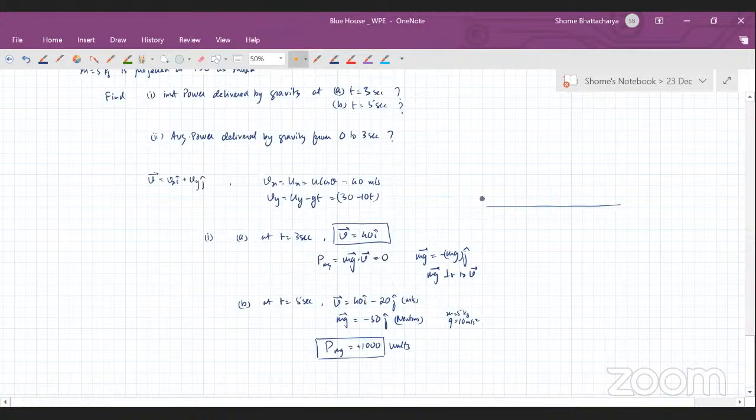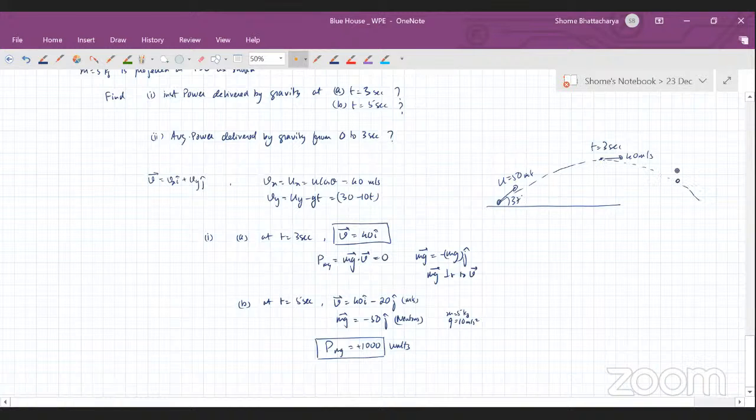So basically for the projectile motion, what's happening is this is where it is at t equal to 3 seconds, having that horizontal velocity of 40 meters per second.